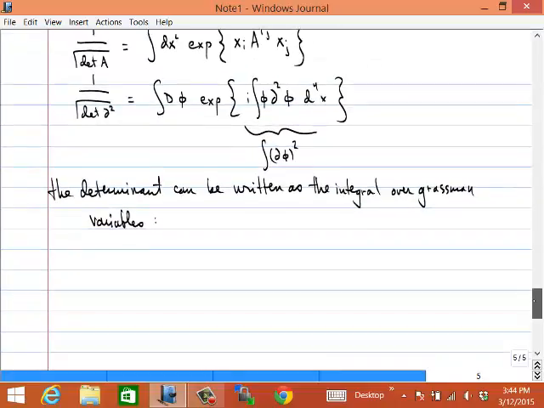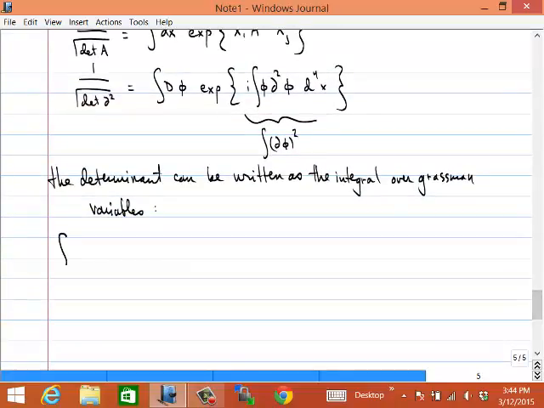So in particular, let's say that we have some n by n matrix that I'll call M. Then, up to some overall constant involving the normalization of the path integral, that determinant is given by a Gaussian integral over the Grassmann variables.